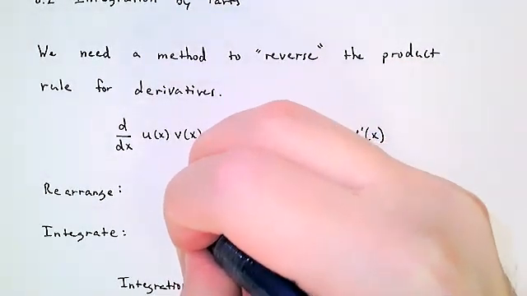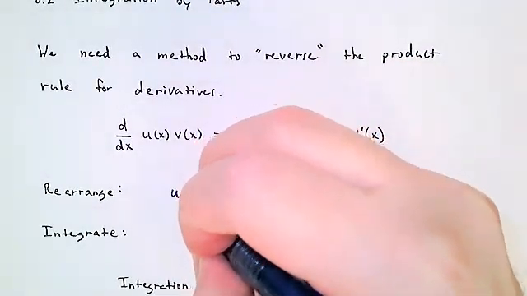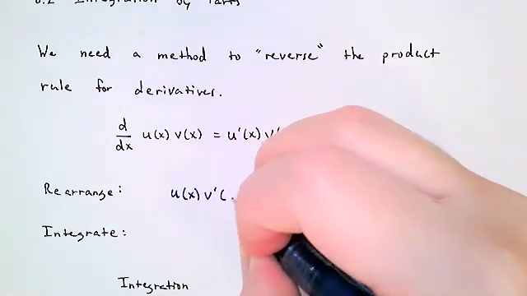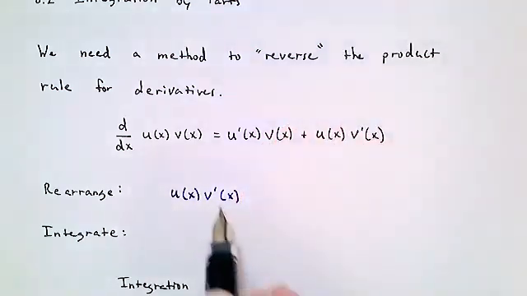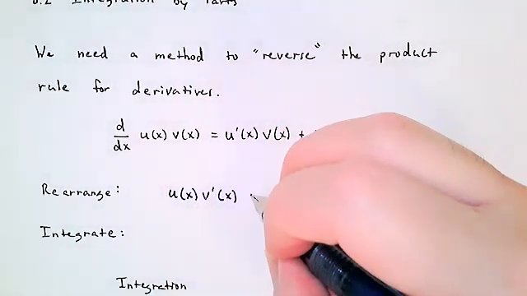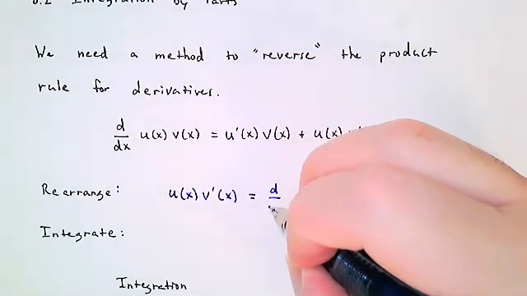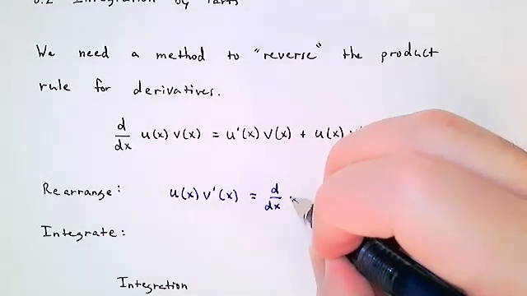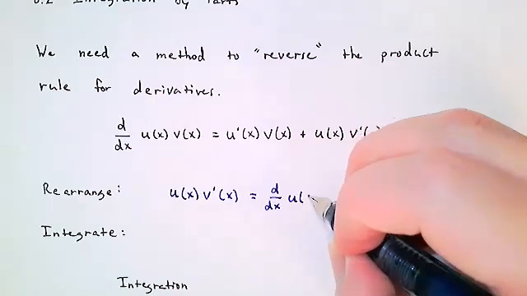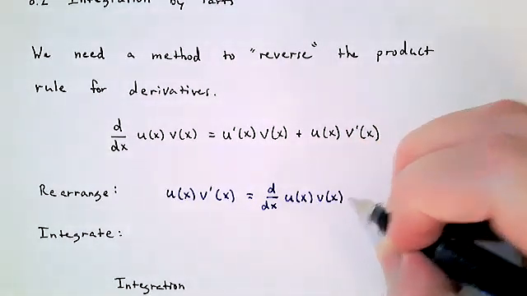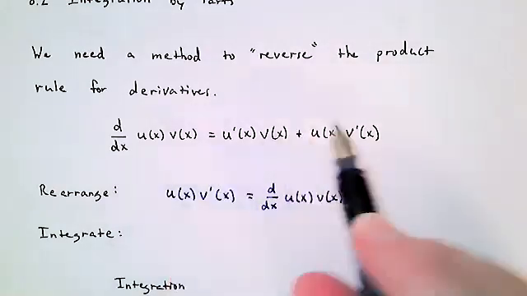So on the left side, I'm going to write u of x v prime of x. And then I'm going to write the left side. So we're reversing the order a little bit. This gives us the derivative of u of x v of x. And then we'll get minus this.